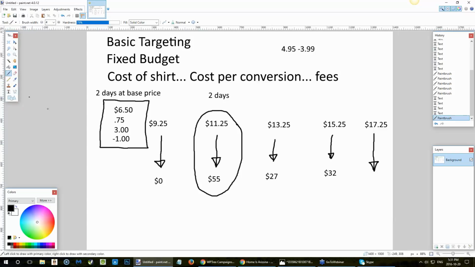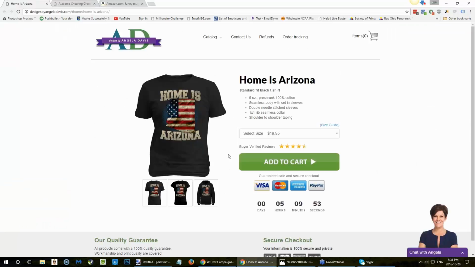Okay, let's keep the scaling aspect really, really simple. We're really trying to focus on shirts that can scale. Let's take a look at this one. Home is Arizona. You can come up with your own design. Proud Texas nurse.